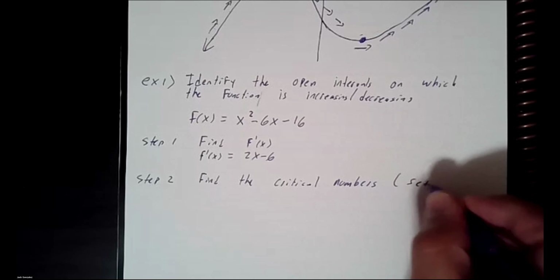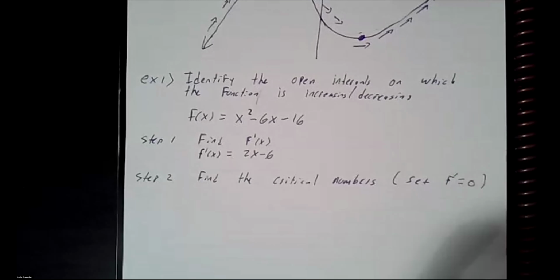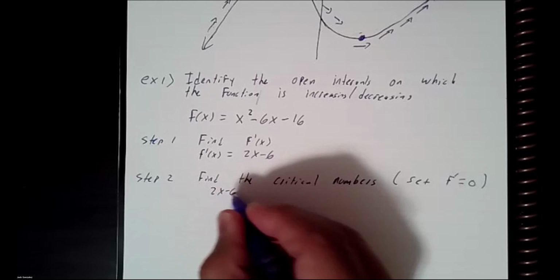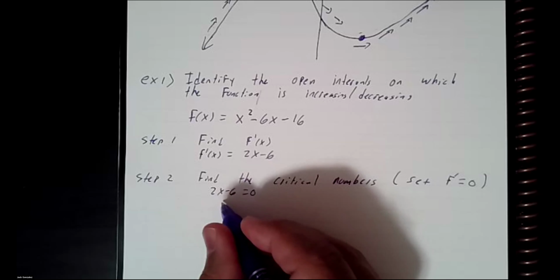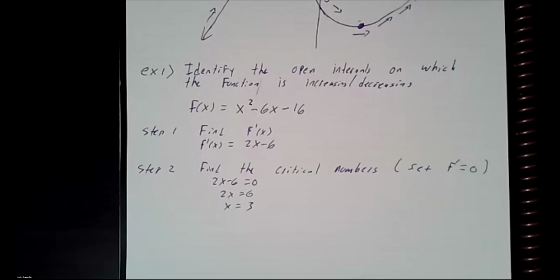Remember, set f prime to 0. Here we go. 2x minus 6 equal to 0. 2x equals 6. X is 3. So we have a critical number at 3. And I'll graph it after this so you can see it better.